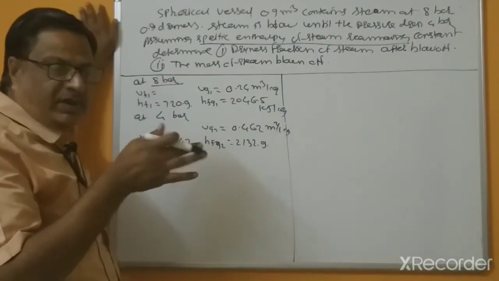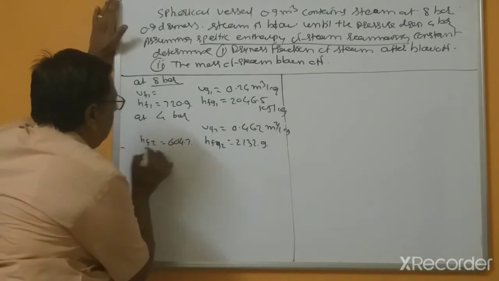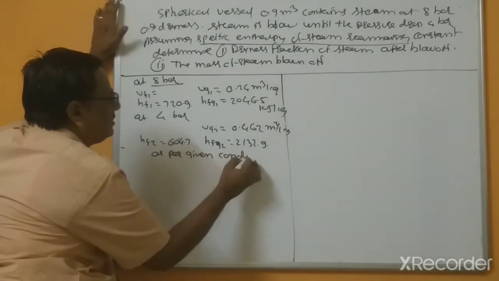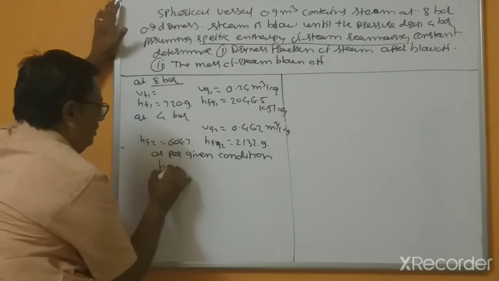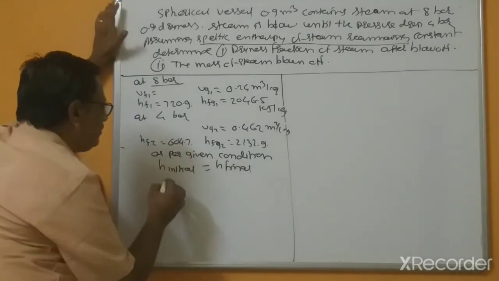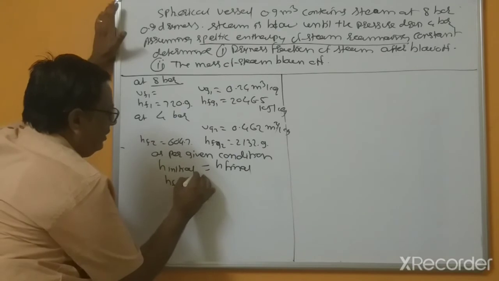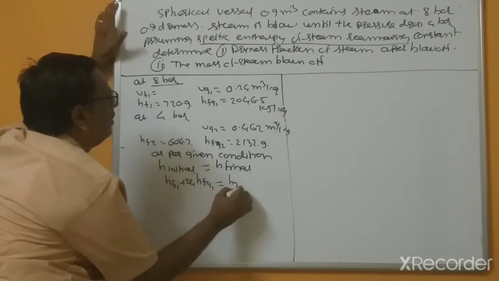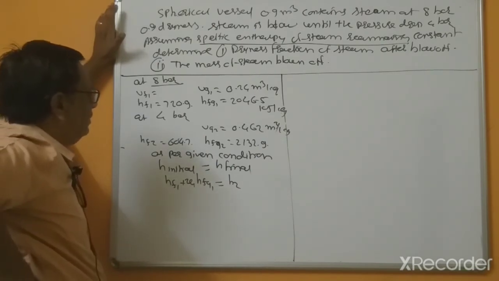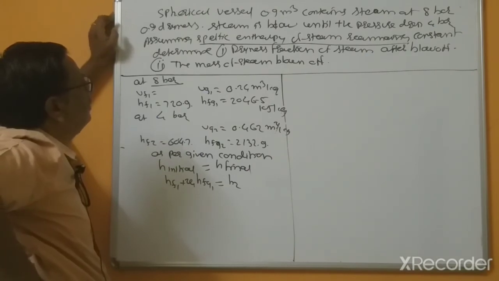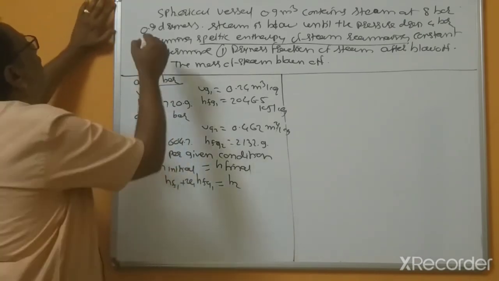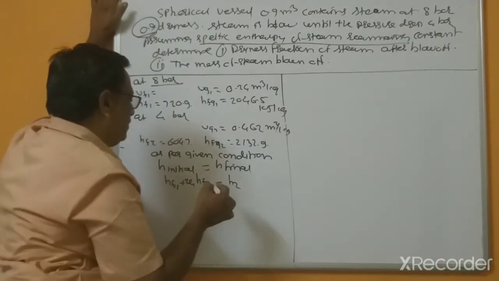In this problem, the specific enthalpy of steam remains constant, so the initial equals the final. That's why we can write hf1 plus x1 into hfg1 equals hf2 plus x2 hfg2. So x1 is known, x1 is given as 0.9.